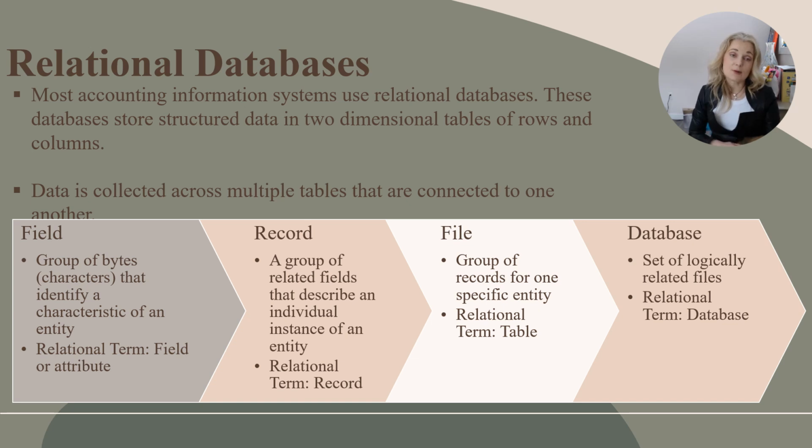For example, a transaction is a record. Then we have a file, which is a group of records for one specific entity. And a file in our relational language is a table. Then we have our database, which is a set of logically related files. So we're starting at the field level and growing to a database.